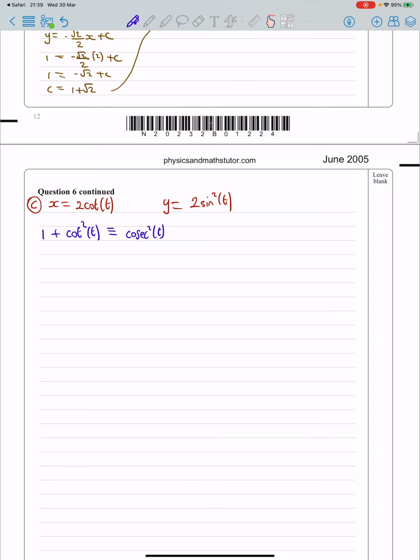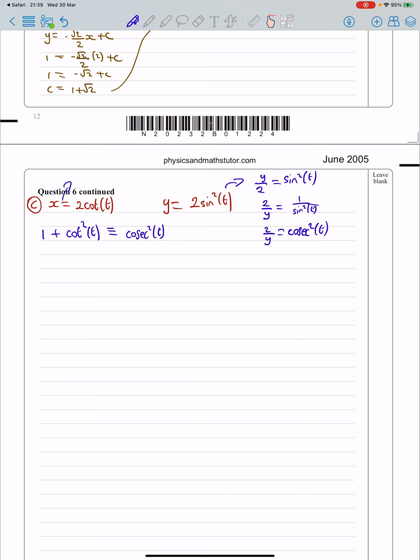So y over 2 is equal to sine squared of t. If I take the reciprocal of both sides, I get that 2 over y is equal to 1 over sine squared of t, which tells me that 2 over y is equal to cosec squared of t. That's useful because we can then put that into this identity.